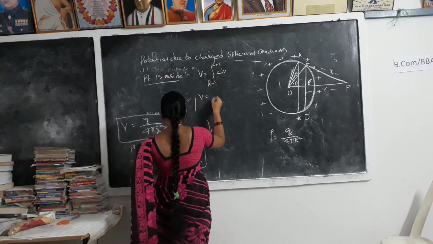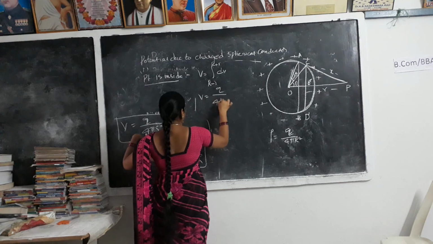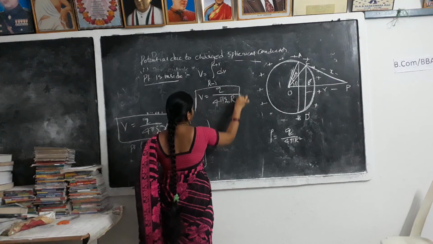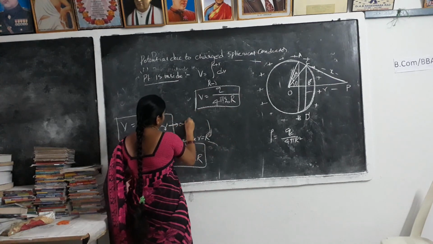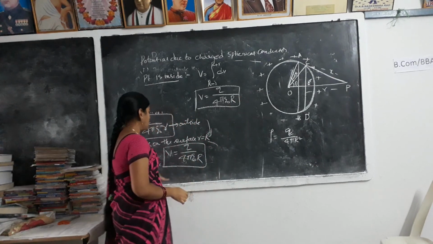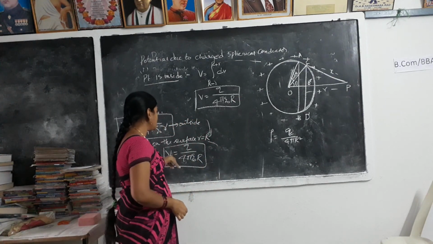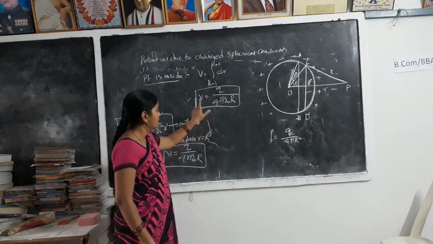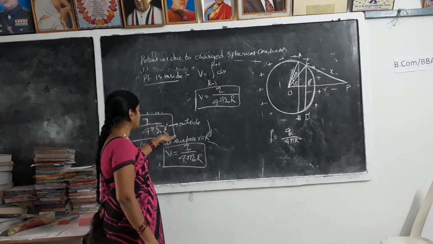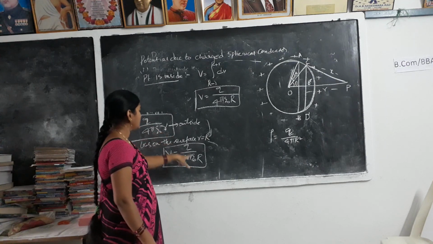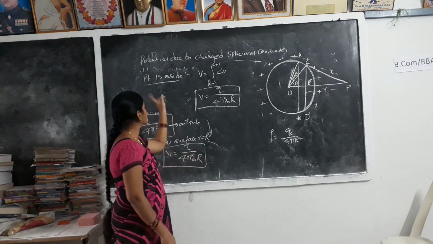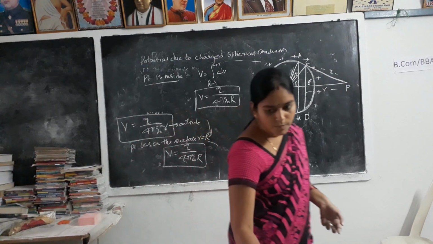Then we get V equals Q by 4 pi epsilon capital R. It is outside, it is on the surface, and it is inside. That means the potential is the same when the point is on the surface or inside the surface. But when the point is outside the surface, the potential is inversely proportional to the distance small r, and on the surface or inside it is inversely proportional to the radius of the sphere. This is about potential due to a charged spherical conductor.